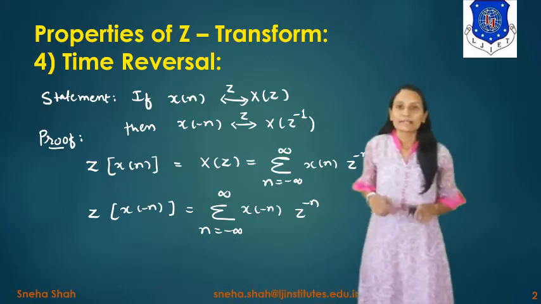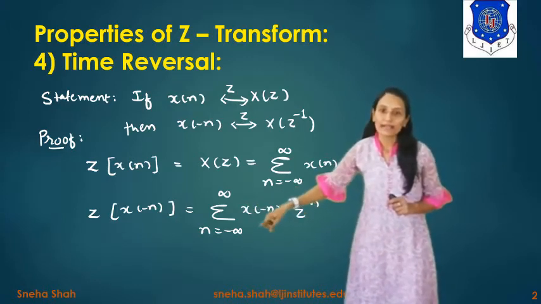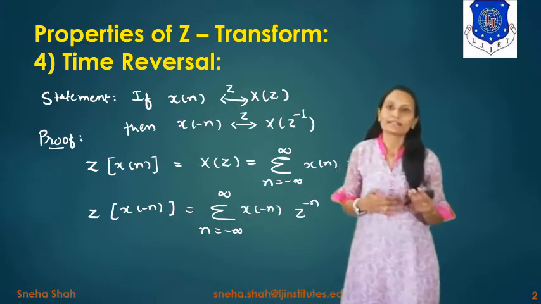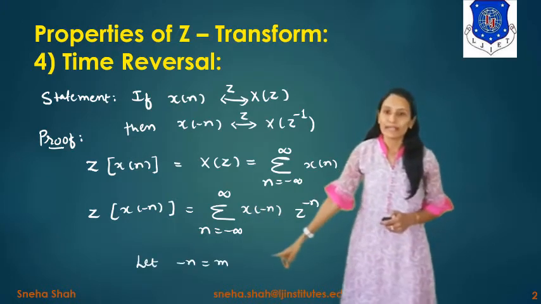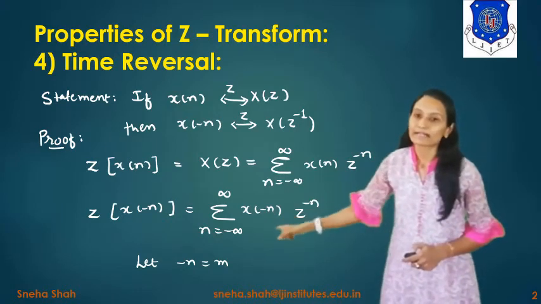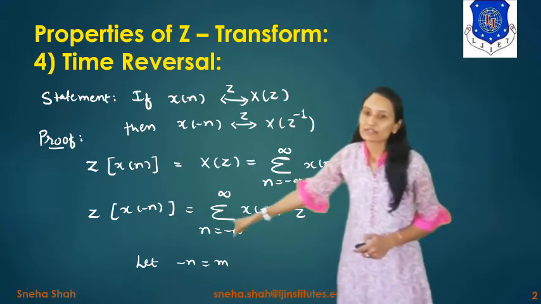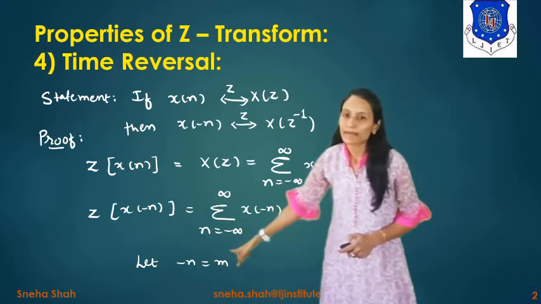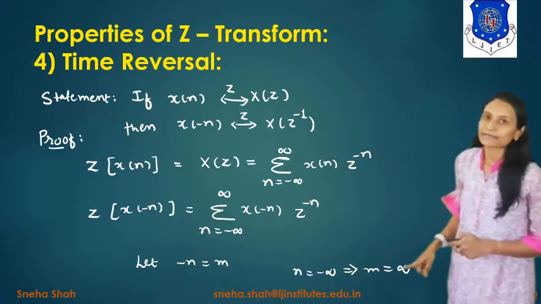As I had explained in the last session, for x of something, we have to take this term as another variable like m. So let us take minus n equals m. If I take minus n equals m, what will be the range of m? If I take n equals minus infinity, this term converts to plus infinity. It means m equals infinity, right?